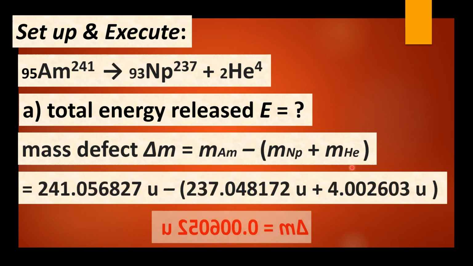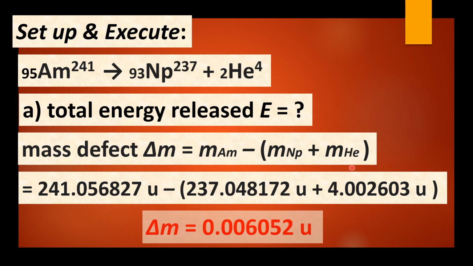So substituting the values and doing our math, we get the mass defect delta M equal to 0.006052 atomic mass unit in four significant figures.